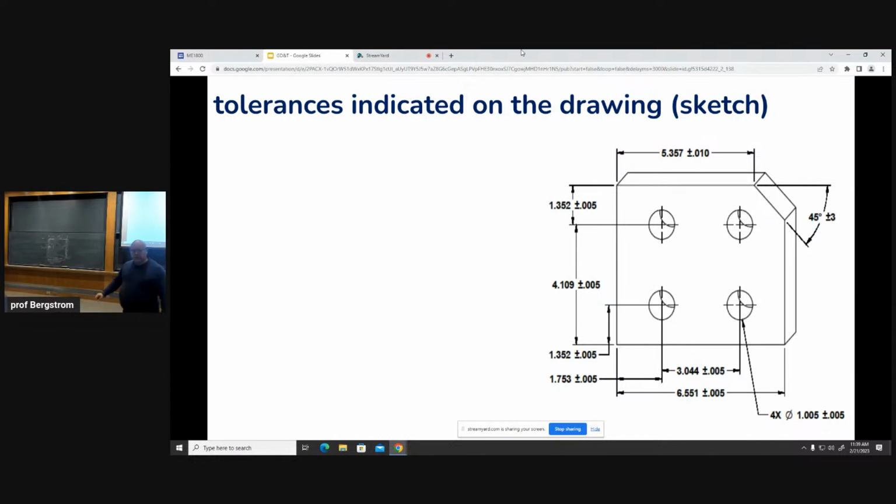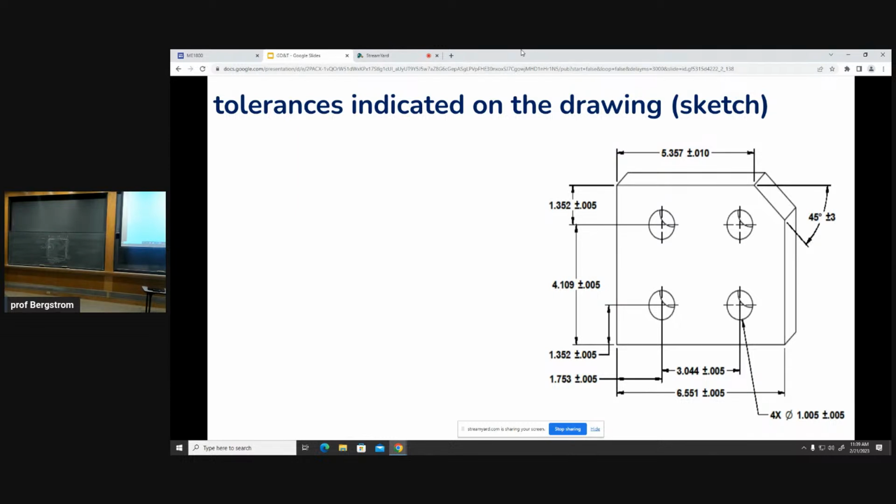Why would you dimension the holes from each other instead of from the edge of the part? Why didn't you just dimension both holes from the edge of the part? Why do we dimension one hole from the edge and then the other one? Right, because the hole pattern is more important to us than the distance from the edge of the part.